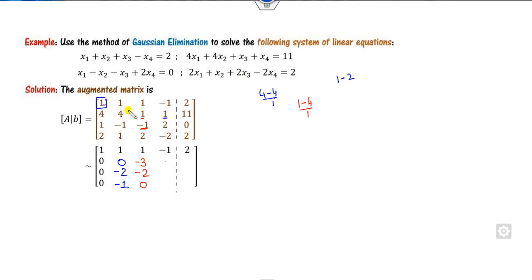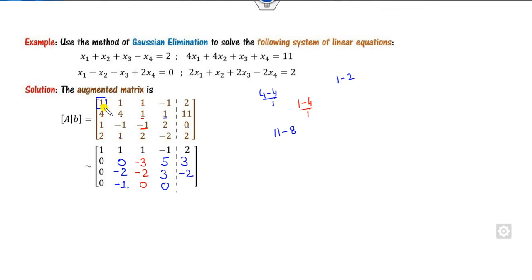Previous value is 1 1 plus 4 5 divided by 1. 2 plus 1 3. This value minus 2 plus 2 0. Look at this value 11 minus 8 3. Next value is 0 0 minus 2.